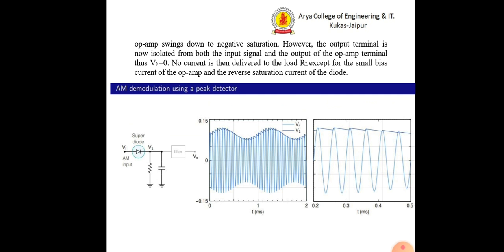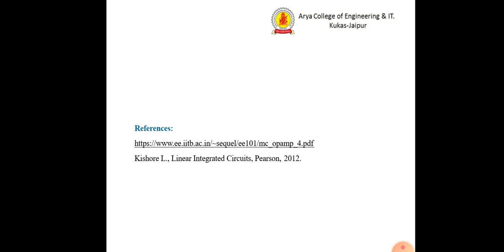Now this particular application has been shown in the slides: AM demodulation using a peak detector, where you can see an AM waveform, and this diode and capacitor combination is able to trace the peaks of the AM waveform and hence is helpful in demodulating the AM waveforms.